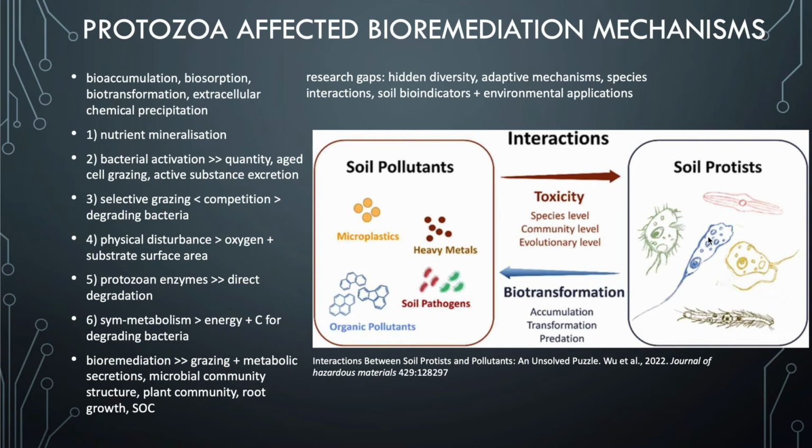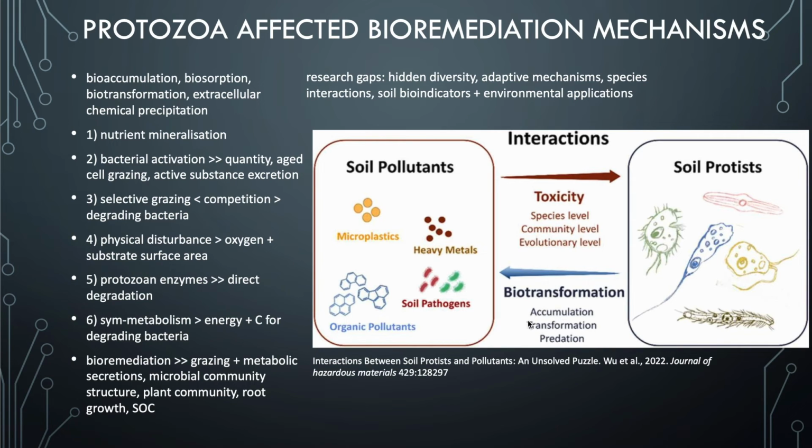And soil protists themselves then interact with these pollutants and transform these pollutants if they are not killed by the toxicity of those pollutants. And this could be via accumulation, where the protists actually imbibe or take in these pollutants and are able to withstand certain concentrations, and therefore take some concentration of those pollutants out of the soil ecosystem while they're alive and hold on to those pollutants.